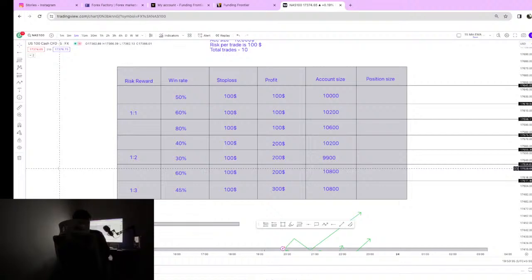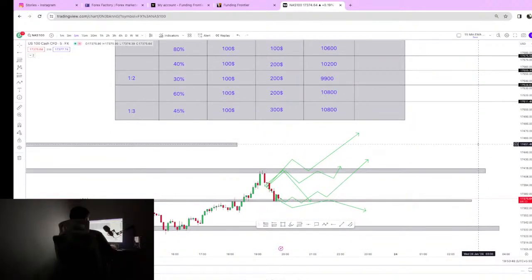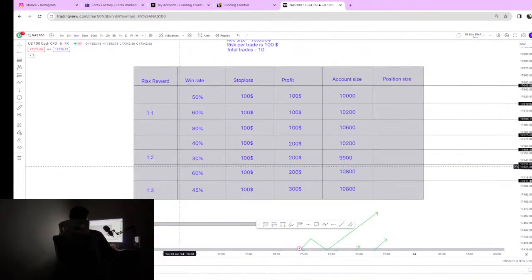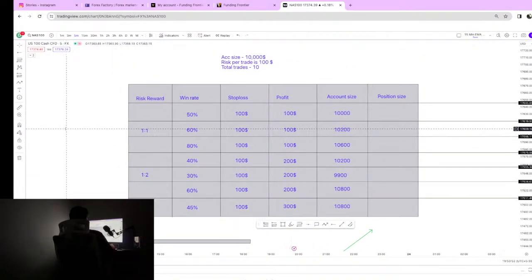Explain me. These things as a trader should be on your tips.